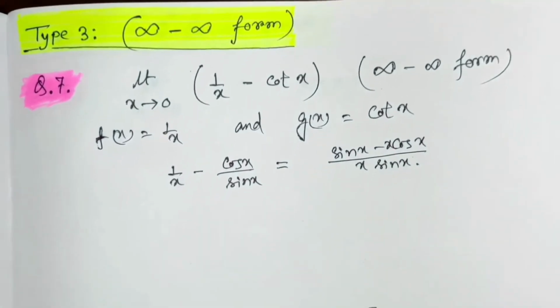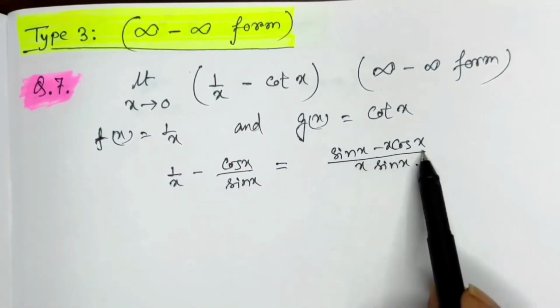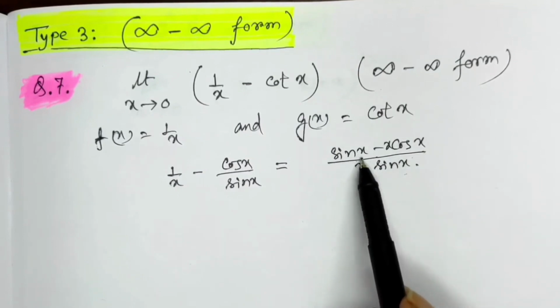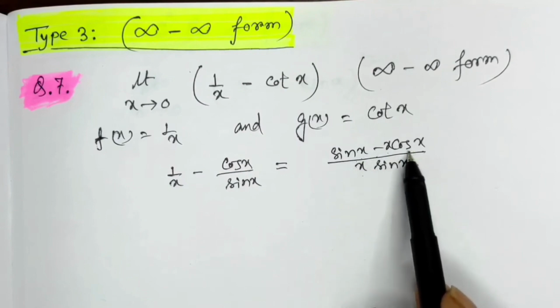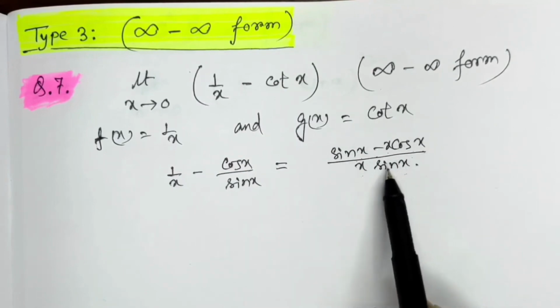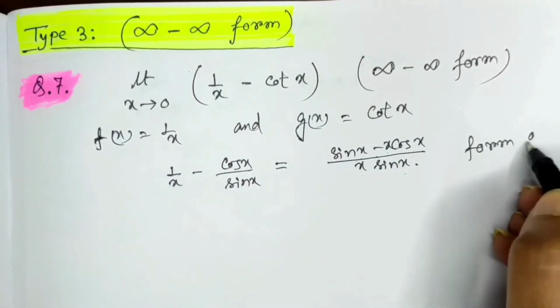So now the new f(x) is sin x minus x cos x and g(x) is x sin x. When x tends to 0, sin 0 is 0, and 0 into something means 0, so the numerator is 0, and x sin x is definitely also 0. So this one is in the form of 0 by 0.